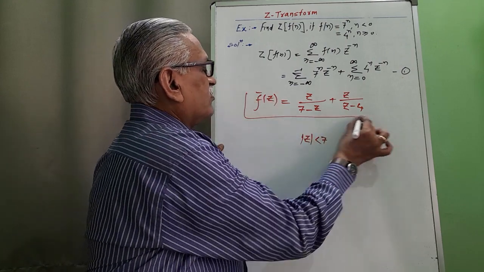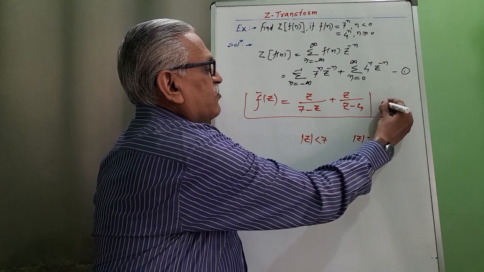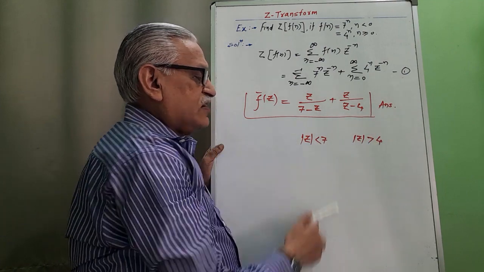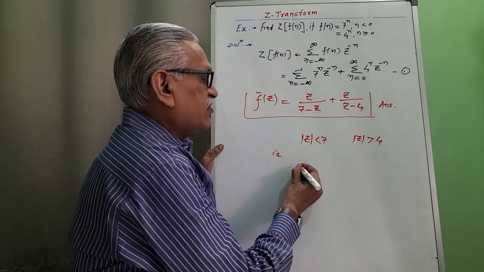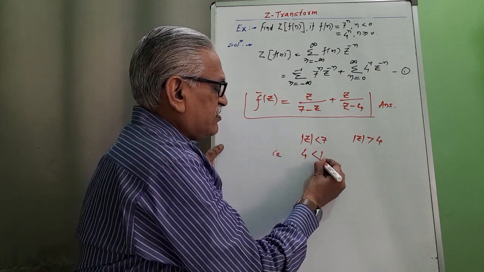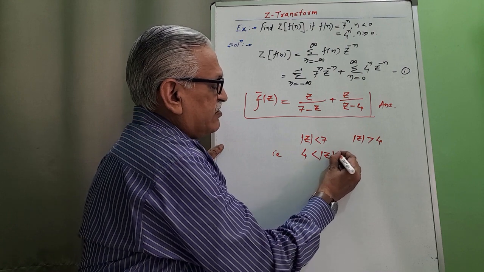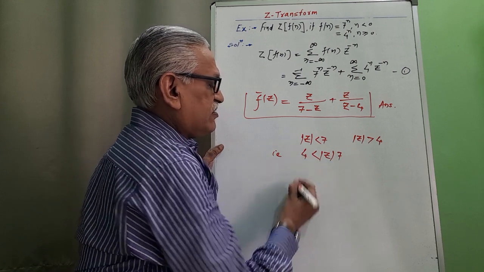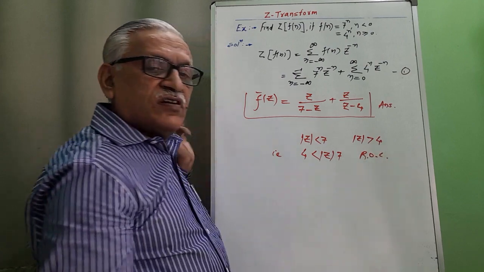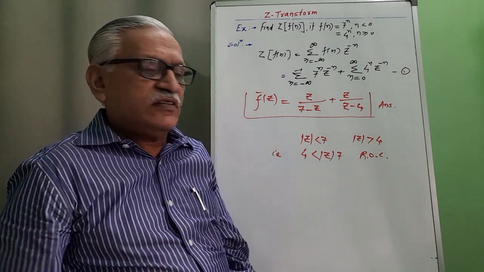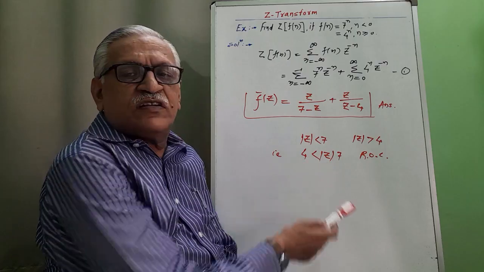Therefore, this is the required Z transform. Combining these two, we get 4 less than mod z less than 7. This is the region of convergence. This is nothing but a region between two circles.